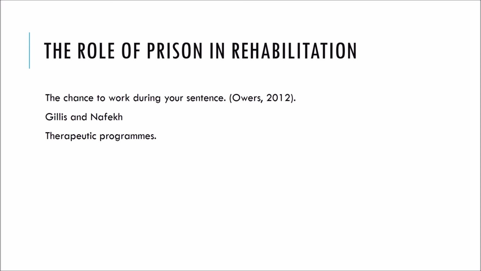The idea behind this is the development of working prisons where inmates get the chance to work during their sentence, which means that you might be gaining new skills. So you might be learning a new skilled trade while you're in prison potentially.